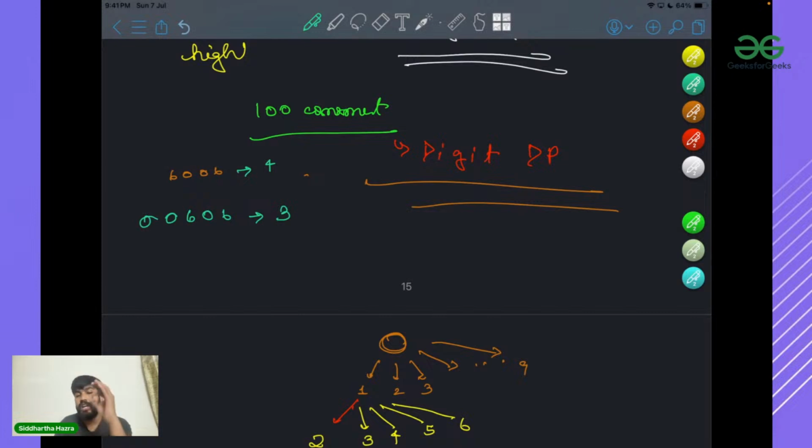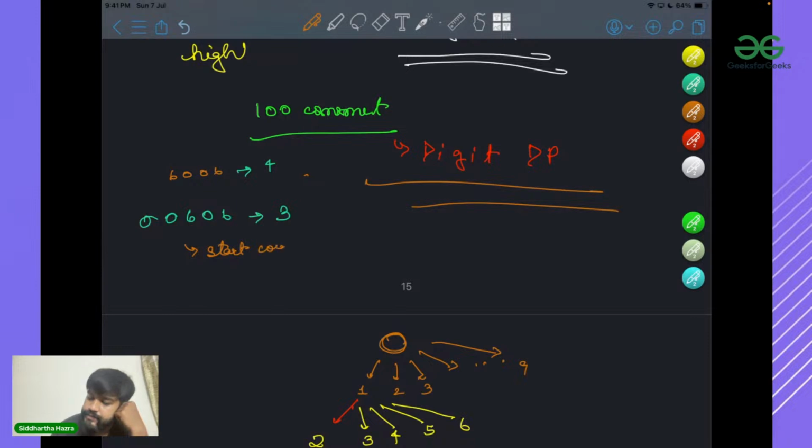So we need to only start counting zeros if we have seen a non-zero element. Simple problem solving idea to solve this small subsegment.